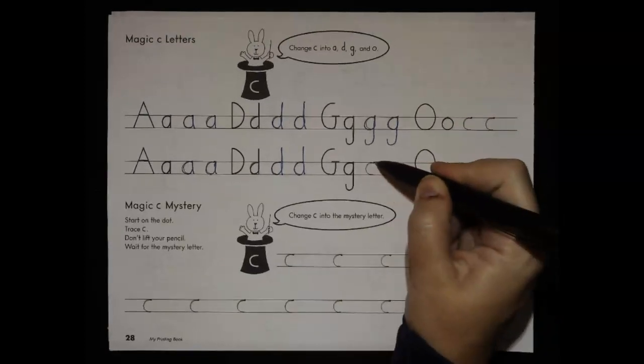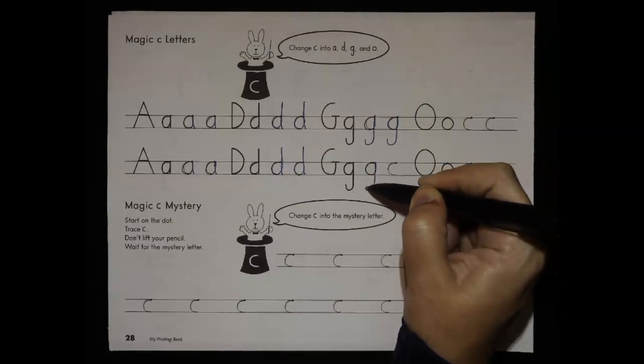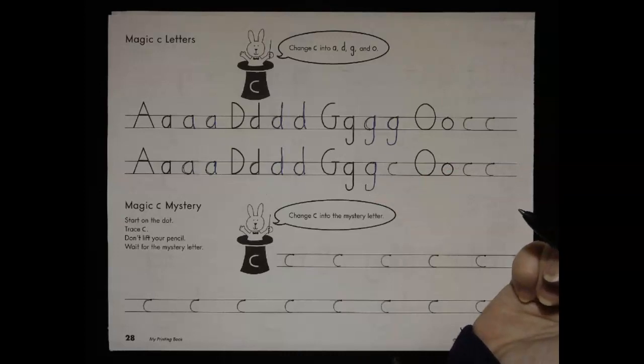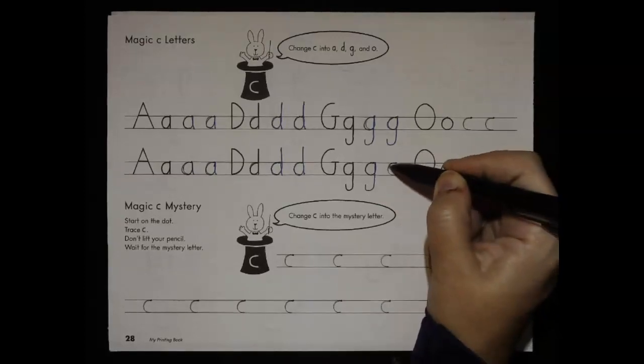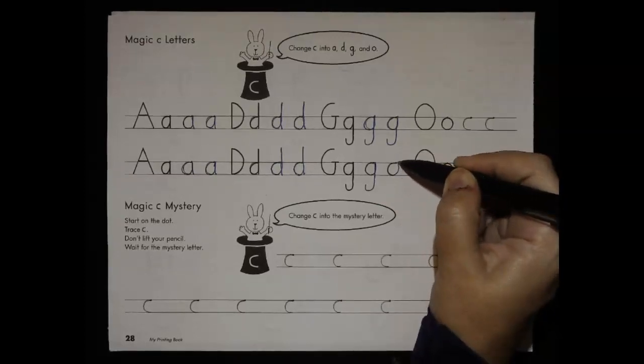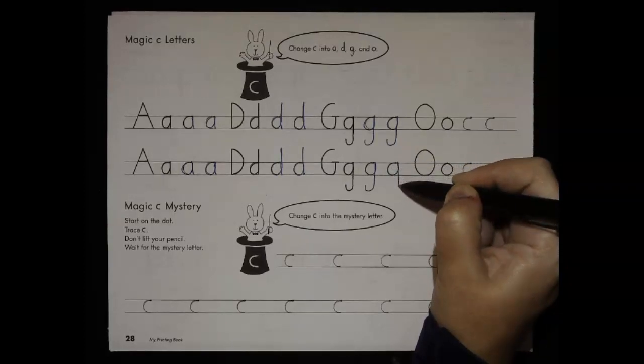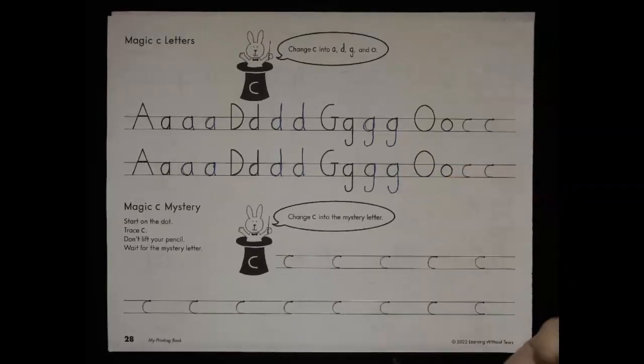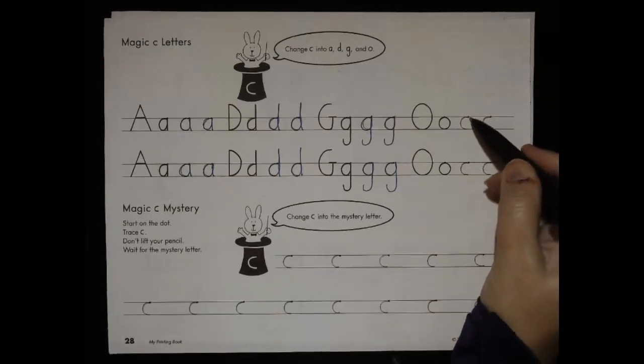Good. Let's do another one. Start with your C, bump up to the middle, straight down, make a tail, turn up. Let's do one more. Make a C, bump up to the middle, go straight down and make a tail, curve up. Good.